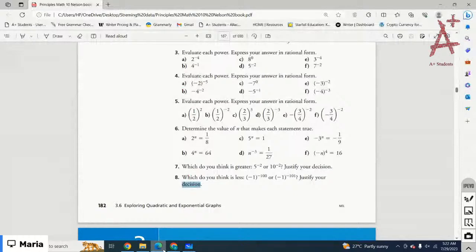The less one is negative 1 exponent negative 101, because you can see the other one is negative 100. 100 is an even number, so the answer must be positive. Negative 101 is an odd number. That means the answer is negative. So that's why negative 1 exponent negative 100 is greater than negative 1 exponent negative 101.